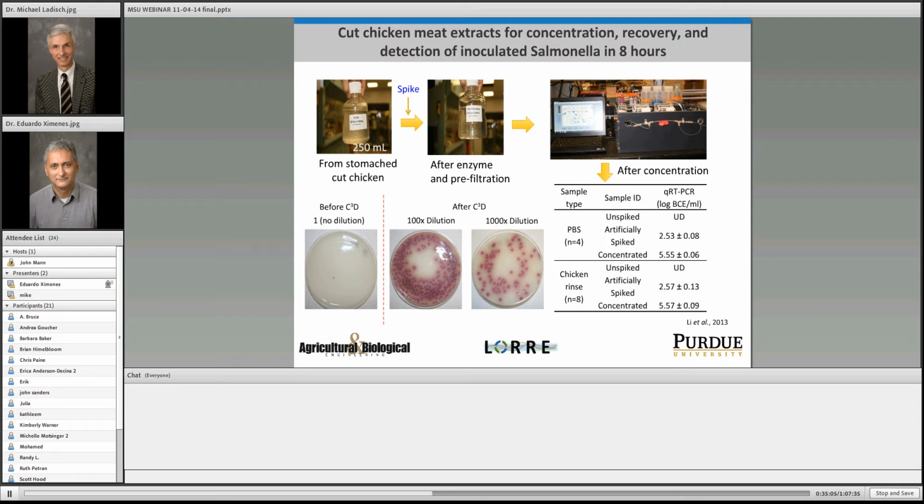And very important, the whole procedure from stomach to qPCR analysis took about 8 hours.